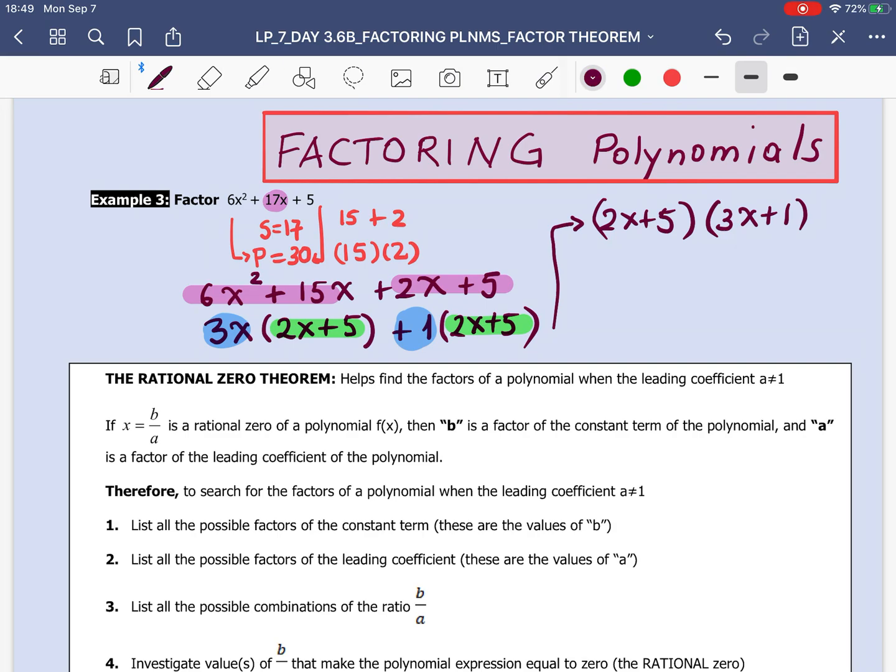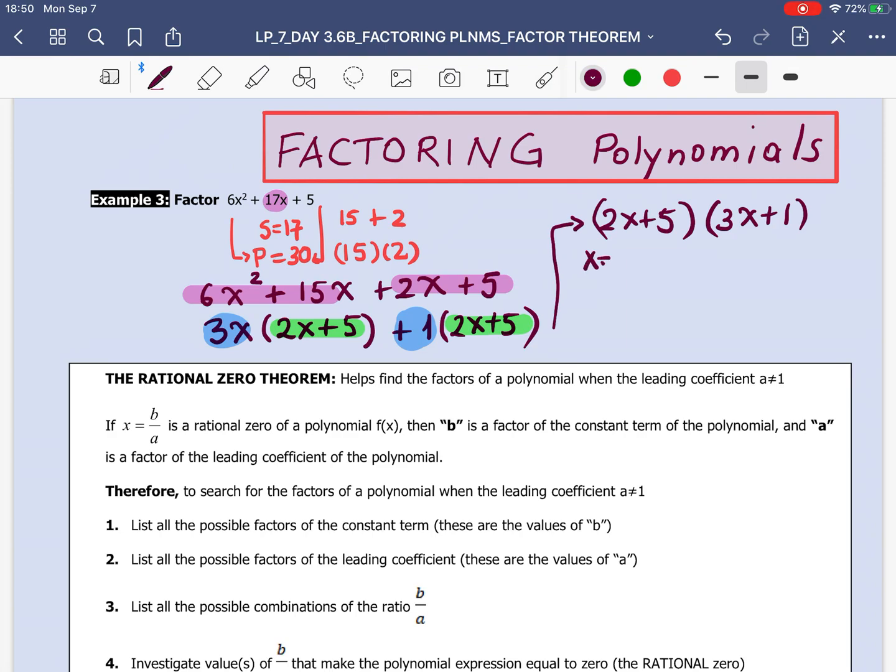So we are going to say that 2x plus 5 and 3x plus 1 are factors of 6x squared plus 17x plus 5.